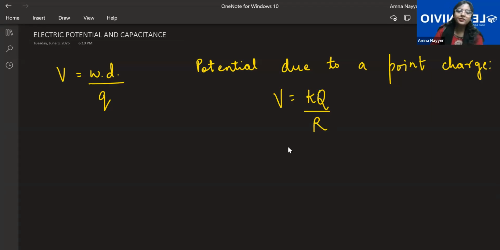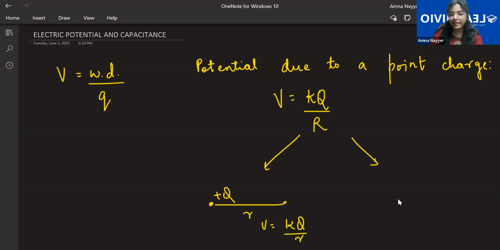Now see, if you have a charge, two cases are possible. If you have a charge, let's say plus Q, and at a separation of R you are calculating this, the potential will be kQ by r. But if this same thing is a negative charge, like minus Q present, and at this point, let's say point A, R you are calculating, potential will be minus kQ by r.